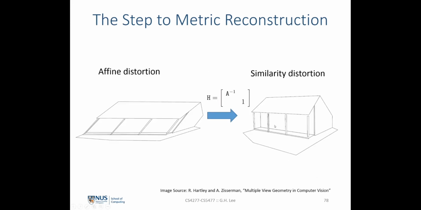Finally, after we have recovered the H matrix or the A matrix from the image of the absolute conic, we can simply apply this H matrix onto the affine reconstruction to recover the metric reconstruction, where we are still subjected to only a similarity transformation, but we can now see that the angles are recovered, as well as parallel lines, which become parallel.